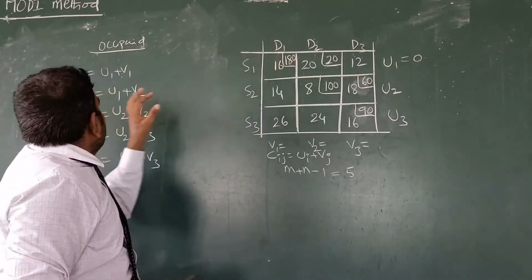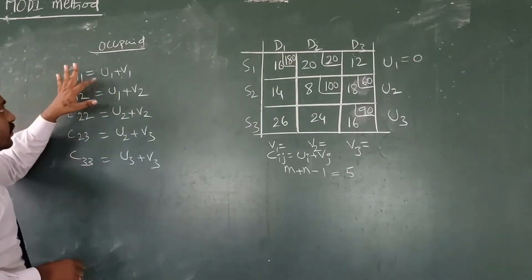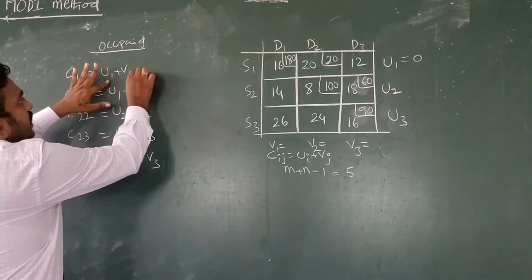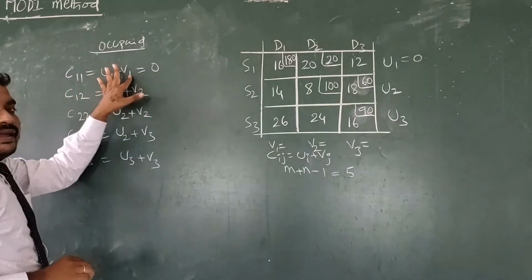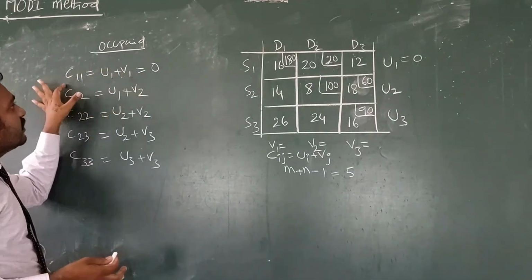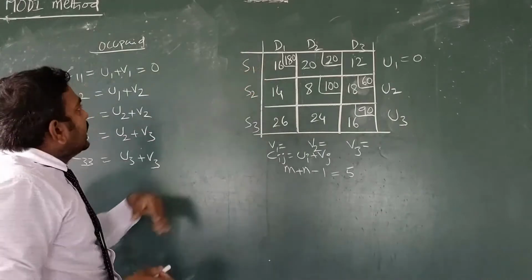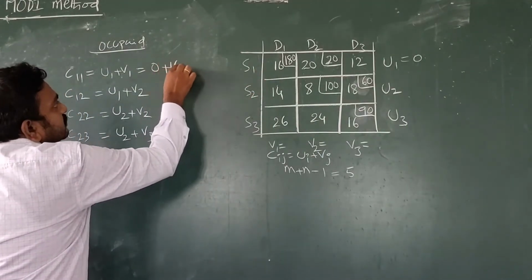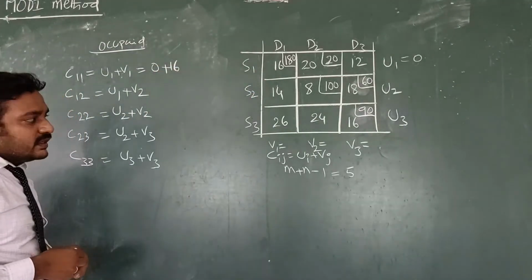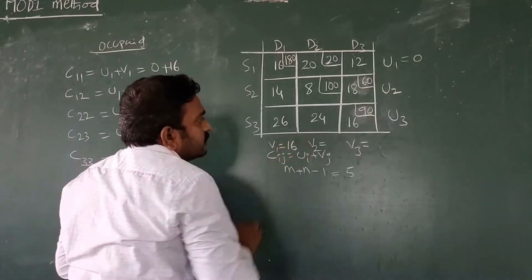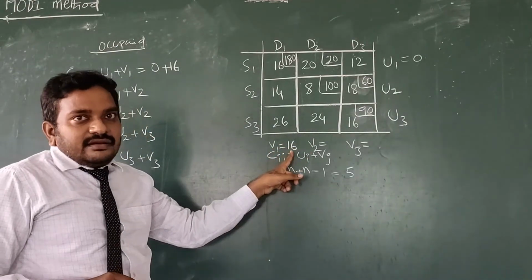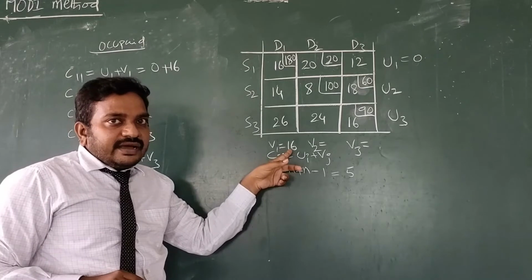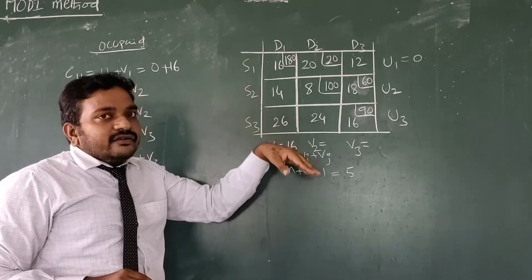Here C11 equals U1 plus V1. This U1 is already 0. Then by adding what value does C11 become 16? Then V1 equals 16. With this 16, take help of the V1 value to fill any other allocated value.